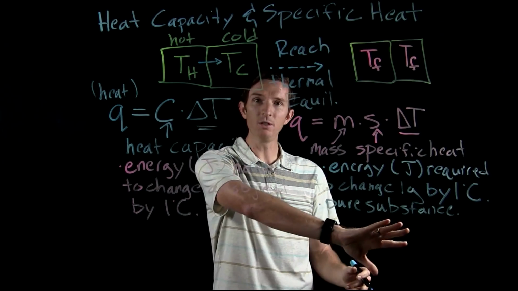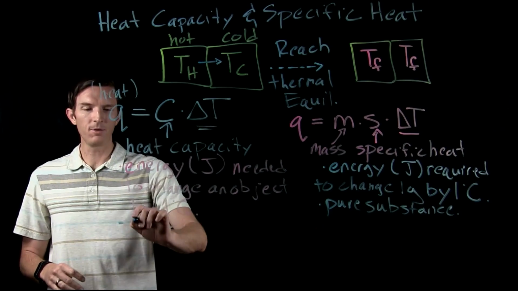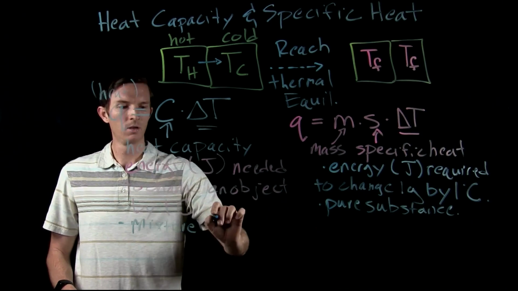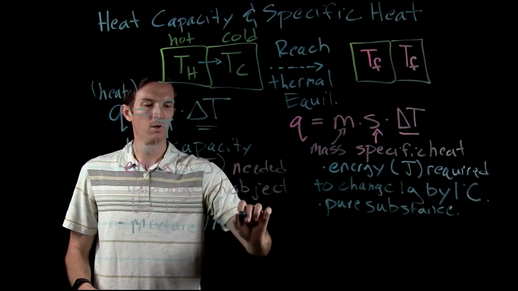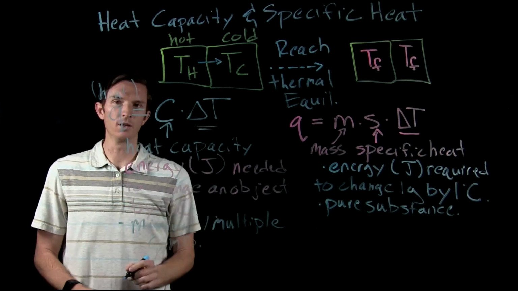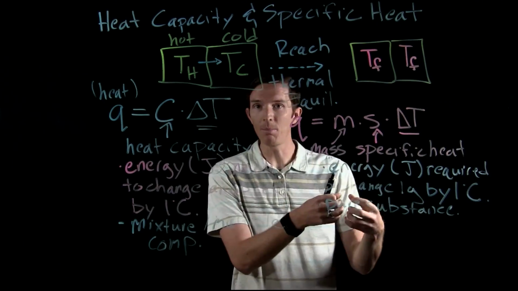So this is really useful if we have a pure substance. Our heat capacity is really useful if we have a mixture or multiple components to it. Let's think about maybe we have a pure sample of copper.